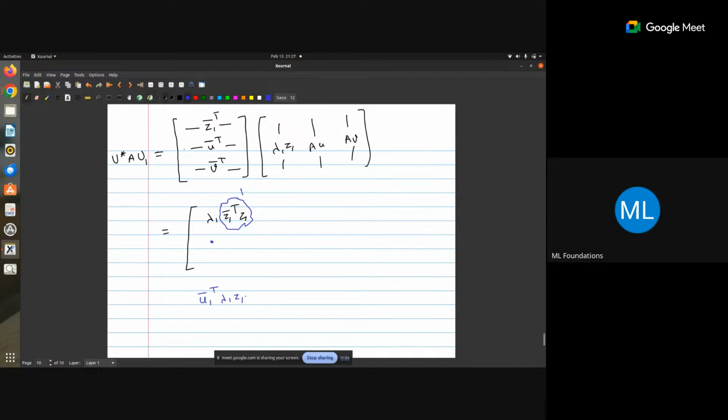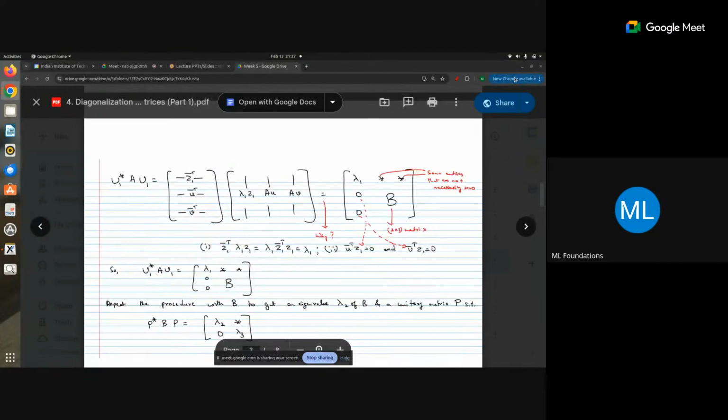Since lambda 1 is a constant, I can take it common, so it becomes U bar transpose Z1. But we already said that they are orthogonal to each other, so can I say it is equal to 0? That is what we have defined here.